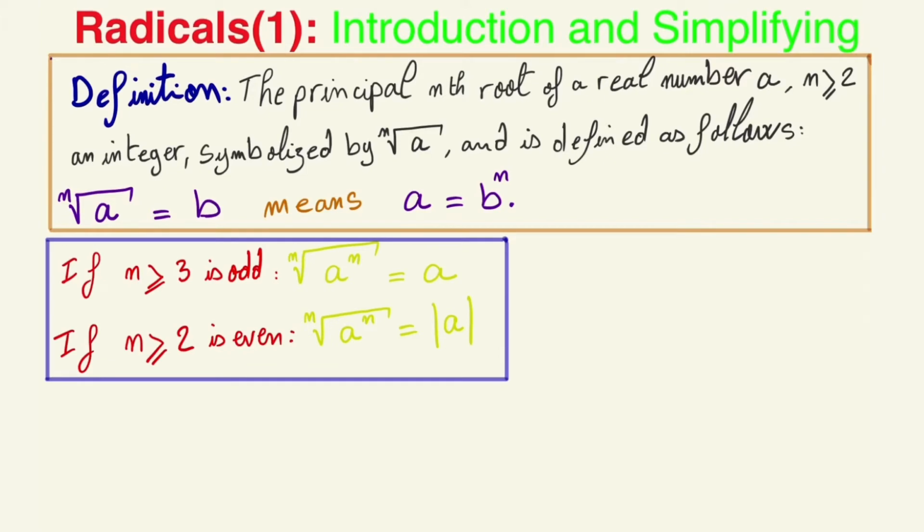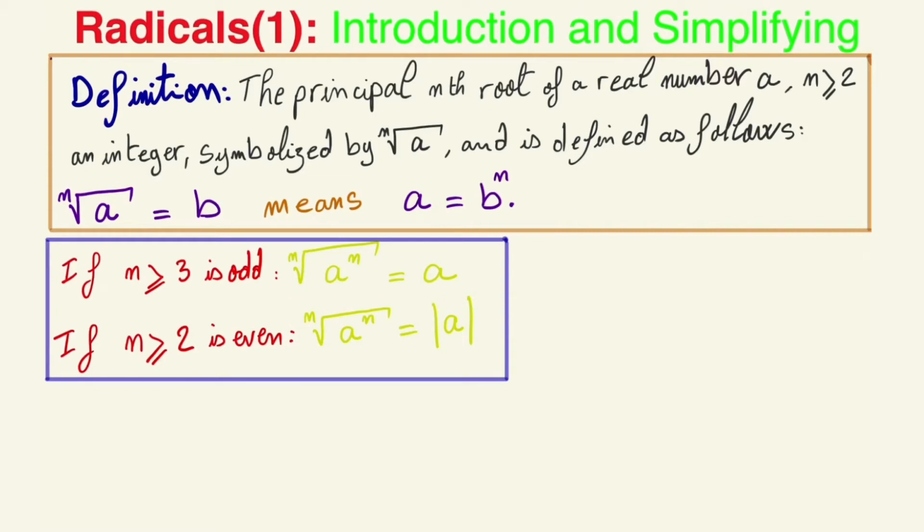And if n is greater than or equal to 3 and is an odd number, the nth root of a to the power n is just equal to a. Otherwise, if n is greater than or equal to 2 and is an even number, the nth root of a to the power n is just the absolute value of a, because it's always positive when it's an even power.